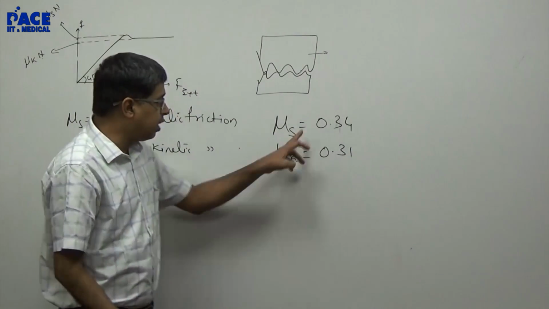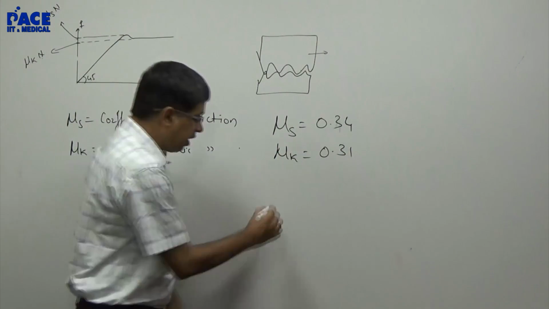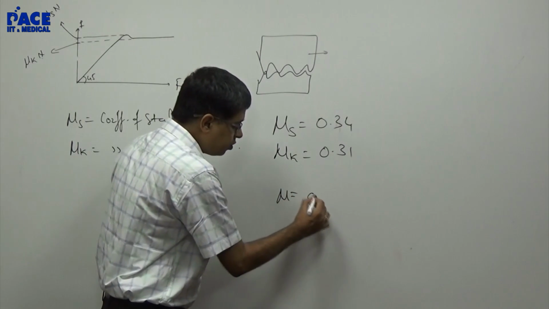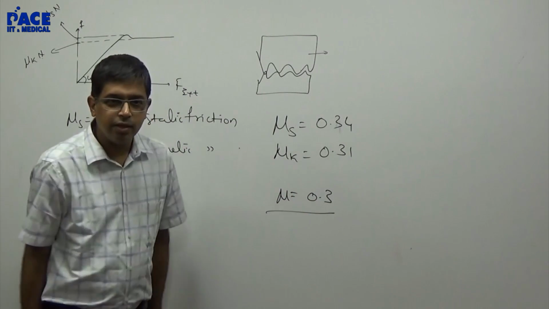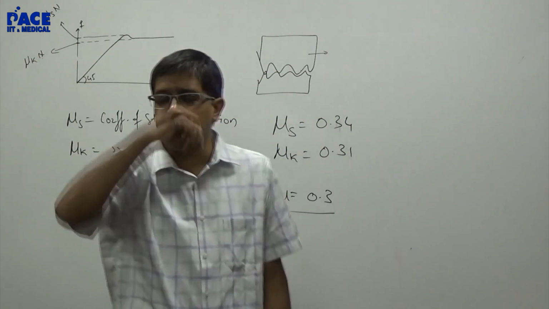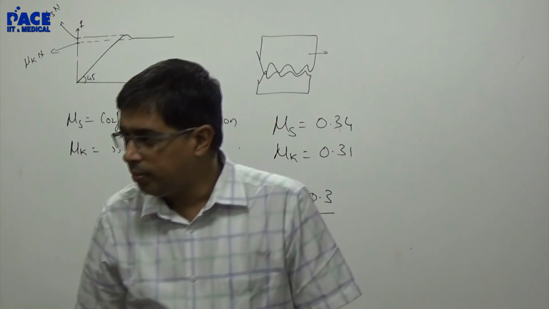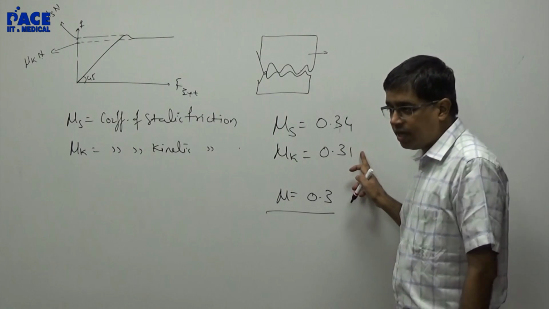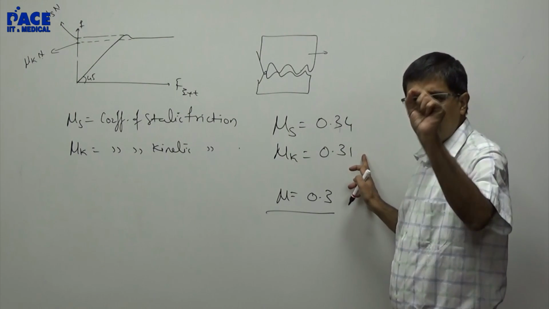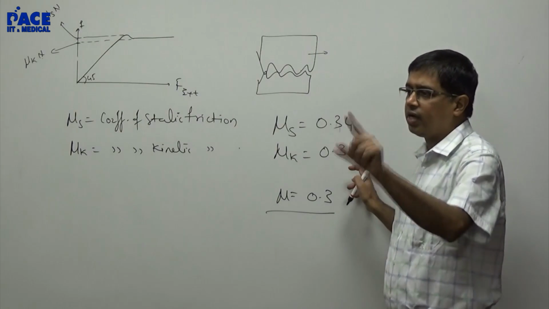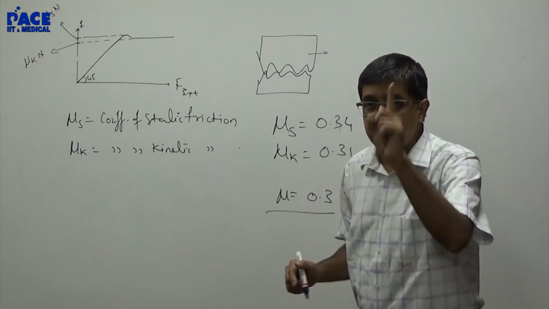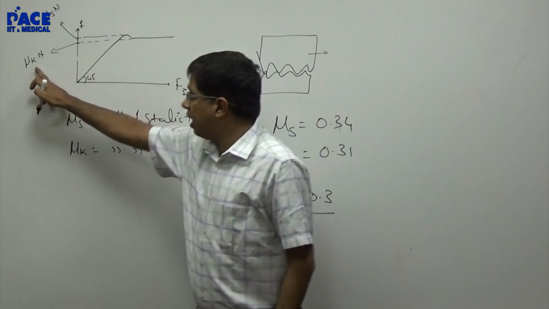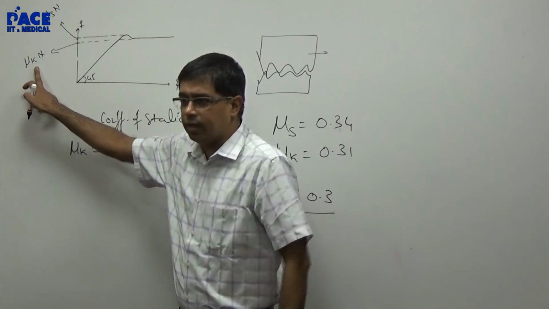Now generally we will not give you these both values separately. We will give you mu as 0.3 because we are not going up to the second decimal place. But if you are going up to the second decimal place, you are supposed to differentiate between the two. There will be a slight difference between static and kinetic friction. When the body is moving, limiting value of friction is mu k into n.